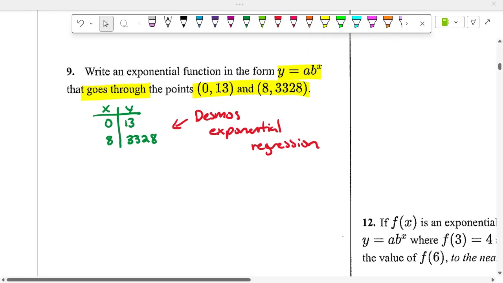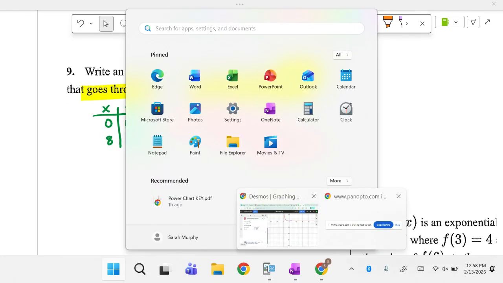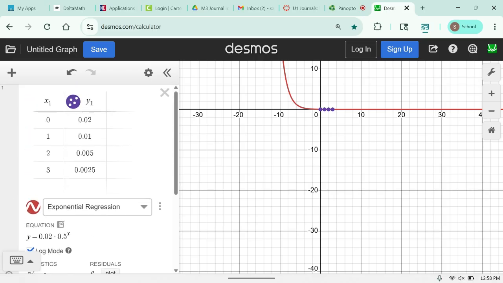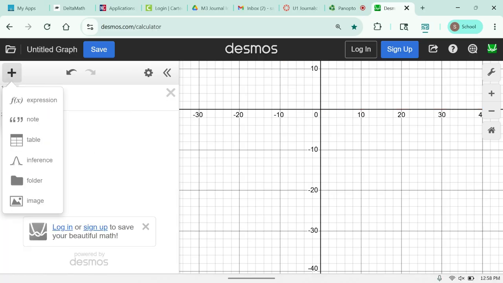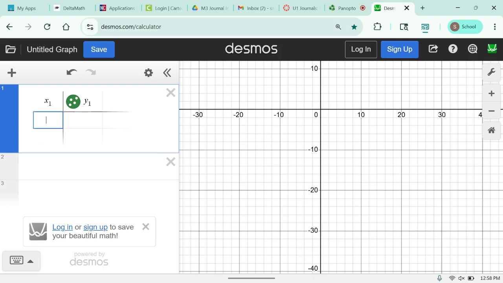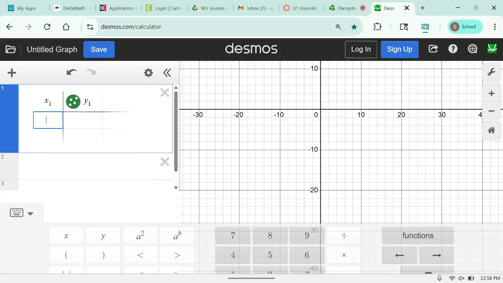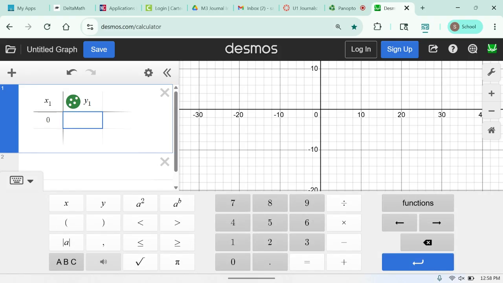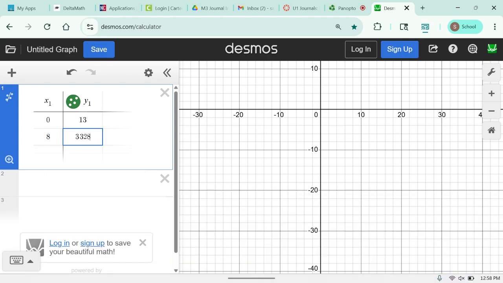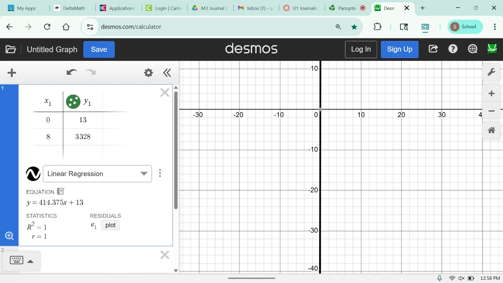So, shh. Really quick, guys, come on. Really quick. I'm going to make this table. Even though it only has 2 points, it still works. So I'm going to type in 0, 13, 8, and then, what was it, 33, 28? I want to hit the little regression key.